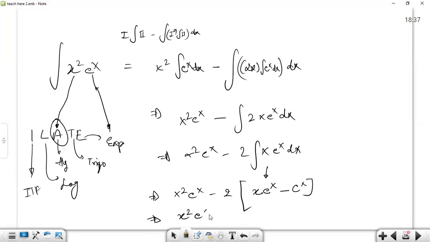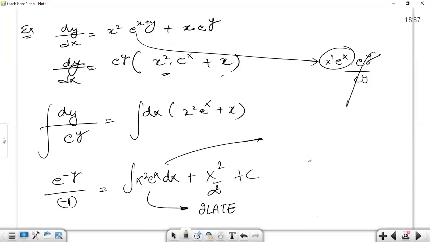So x square e raised to power x minus 2 e raised to power x common, x minus 1. Now taking e raised to power x common, x square minus 2x plus 2, and this is the integration we needed.